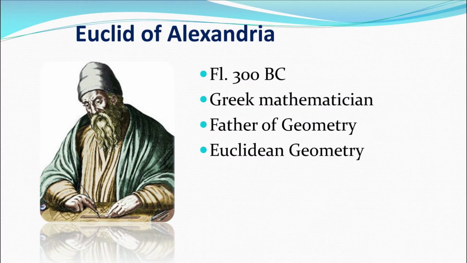Well, it turns out that Euclid of Alexandria is considered the father of geometry. He's actually the one who formulated all these postulates and theorems and definitions and the conventional system of geometry. And that's why sometimes I refer to this type of geometry as Euclidean geometry.